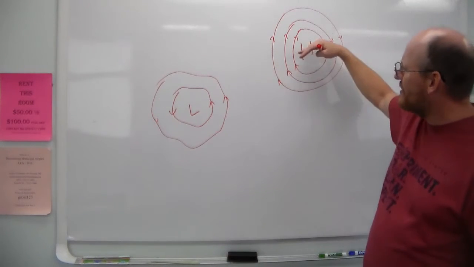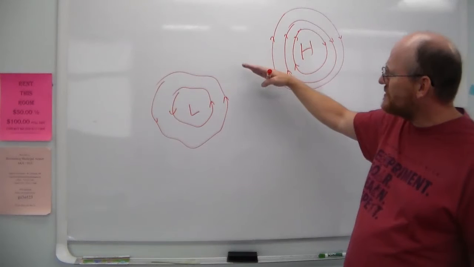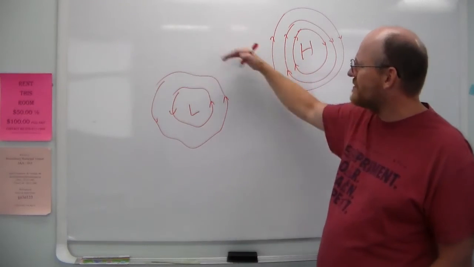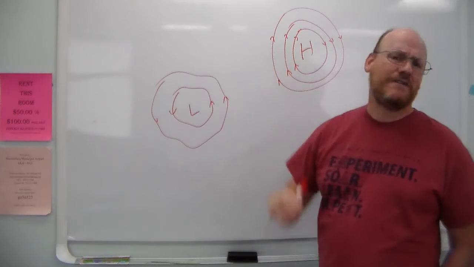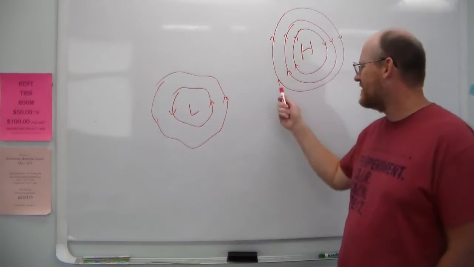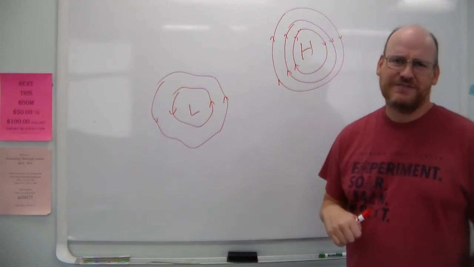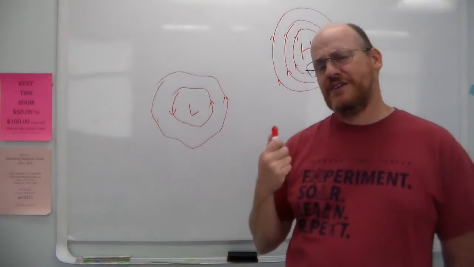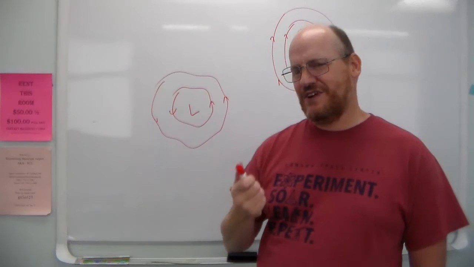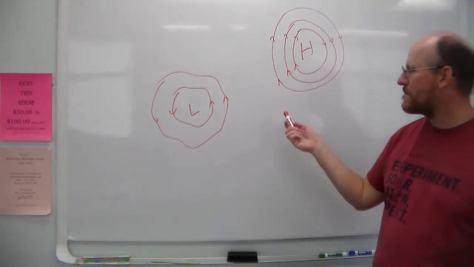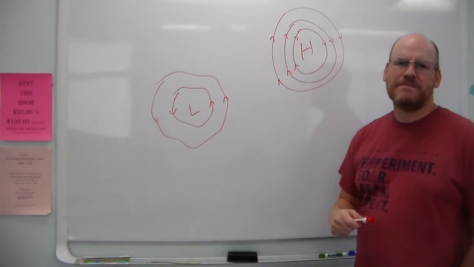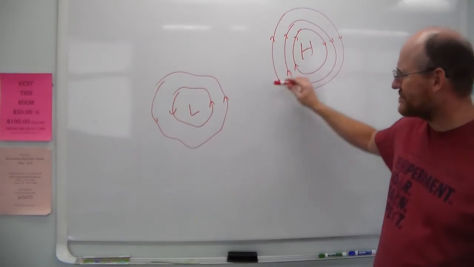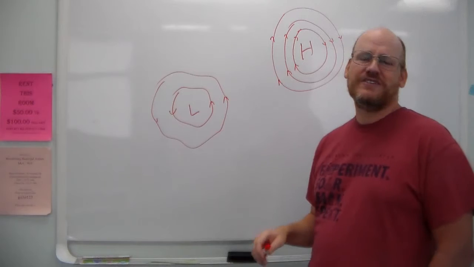So now, as I go up a little bit in altitude, it's going to shift more this direction. And it's going to shift more and more as I go up in altitude. Whenever the wind changes velocity, or speed, I should say, and direction, that's a wind shear. Change one or both of those things, speed and direction. That's what we call wind shear.